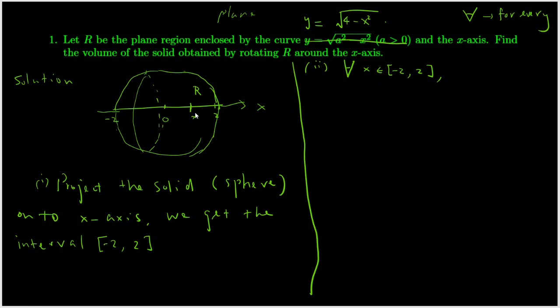I want to repeat: you use a plane perpendicular to the horizontal line, the x-axis, and passing through this point to cut the solid. What is the cross section? Anybody want to tell me? Give me a description of the cross section.